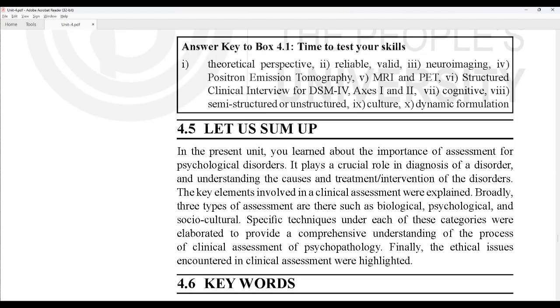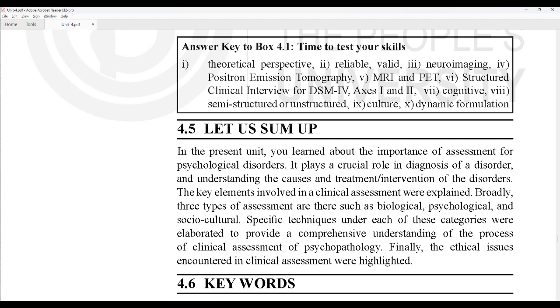4.5 Let us sum up. In the present unit, you learned about the importance of assessment for psychological disorders. It plays a crucial role in diagnosis of a disorder, and understanding the causes and treatment/intervention of the disorders. The key elements involved in a clinical assessment were explained.